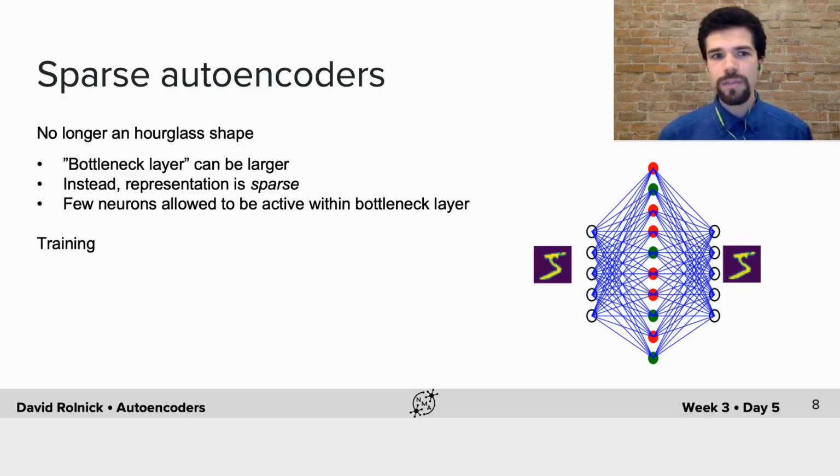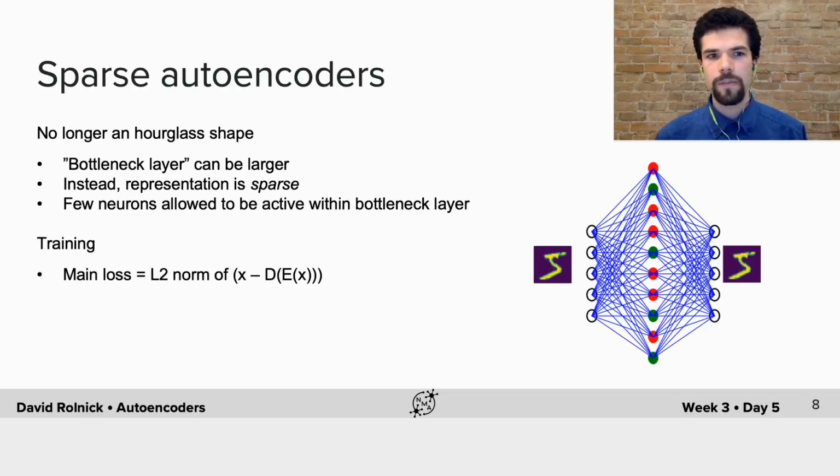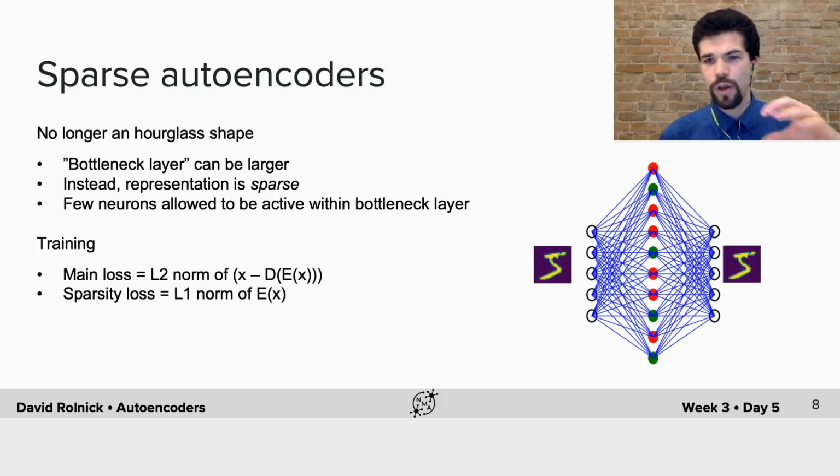Now, how would you actually train such a model? Well, you have your main loss, which is, again, going to be just the reconstruction loss. How far is the output of your decoder from the original input to the encoder, x? So you're trying to minimize that, but you're also trying to minimize the activations in the bottleneck layer.